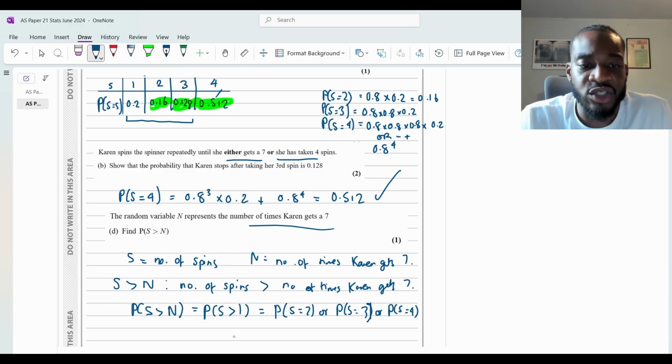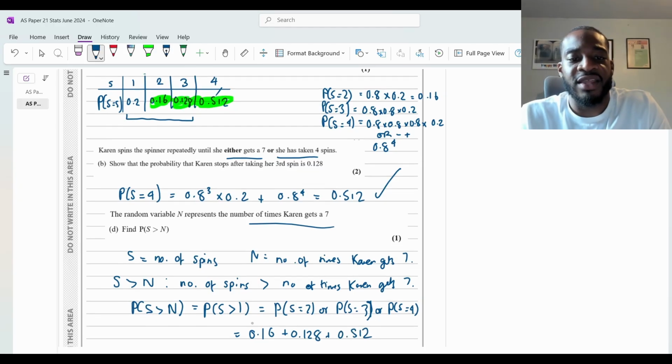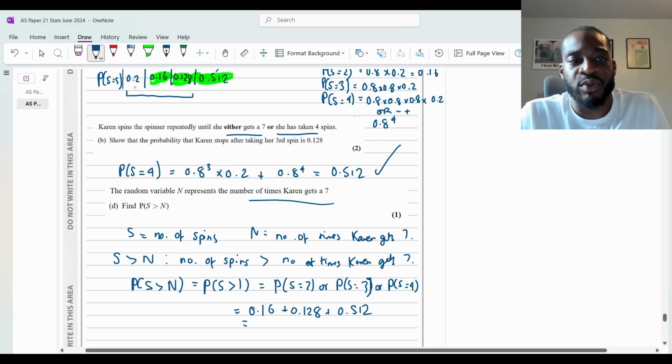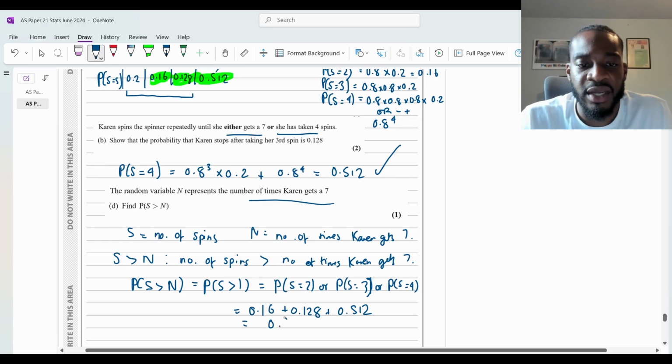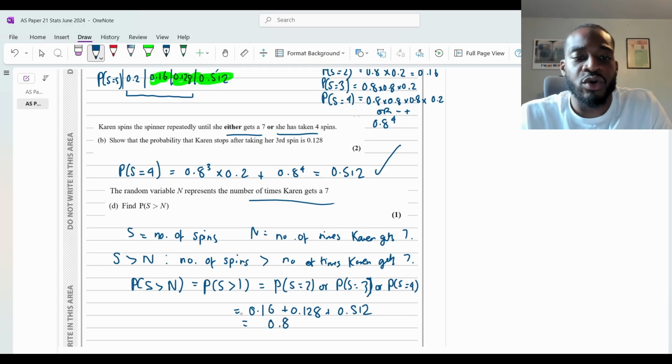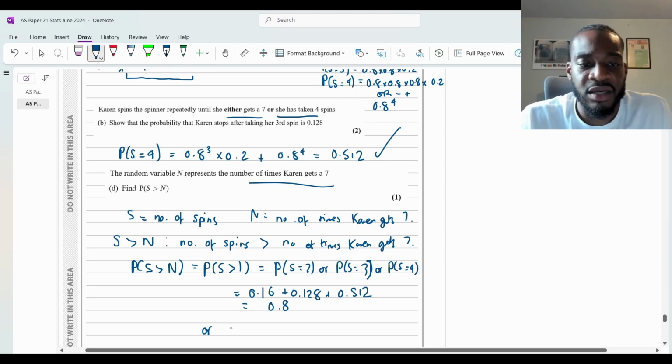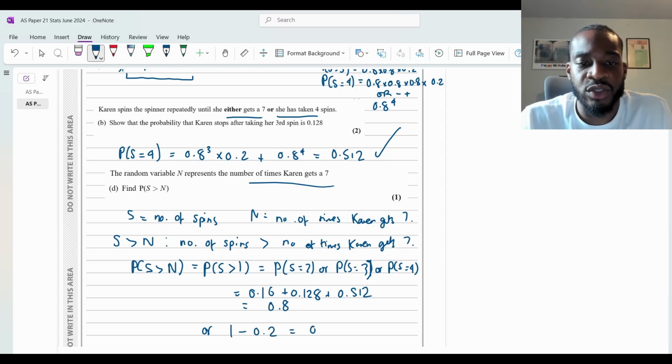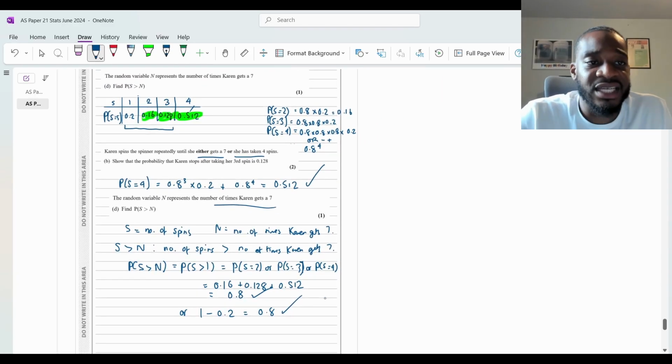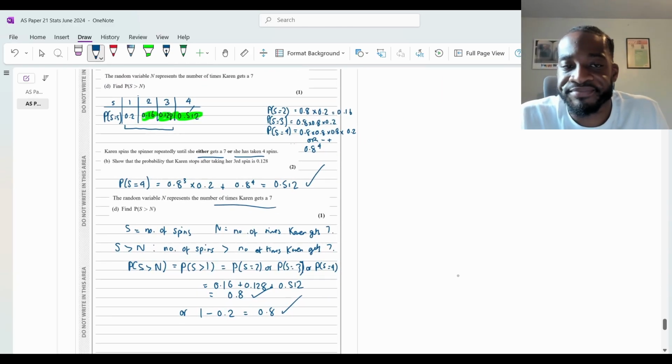That is going to equal 0.16 plus 0.128 plus 0.1512. But that is just the same as 1 minus 0.2, isn't it? So that's 0.8. Or you could have just written it like this, 1 minus 0.2, which is also 0.8. So the answer is 0.8. And that is it for the stats paper.